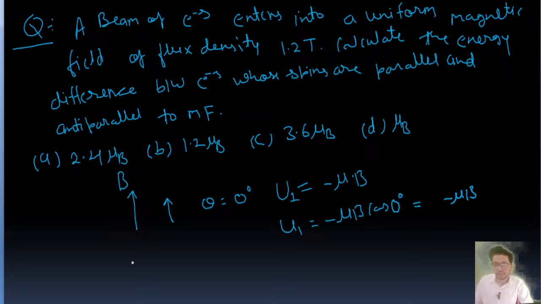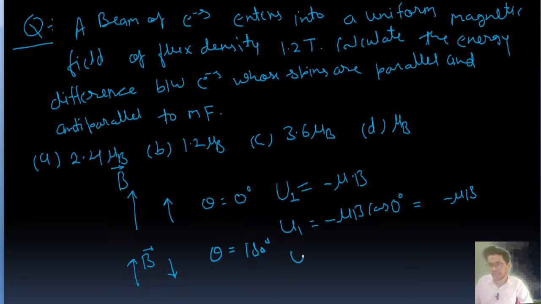And similarly, this is the direction of magnetic field, and now those electrons whose spins are anti-parallel to the magnetic field. Anti-parallel to the magnetic field means they are at 180 degree, or we can say pi.